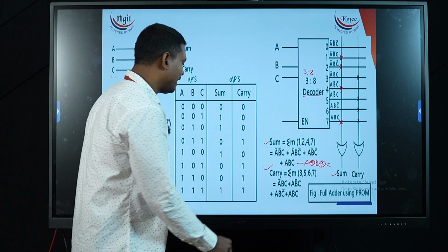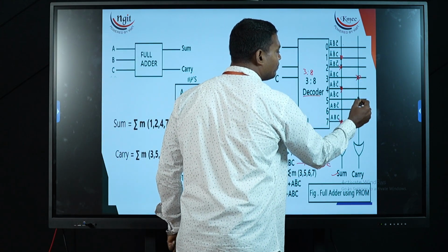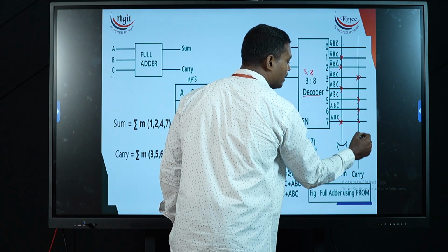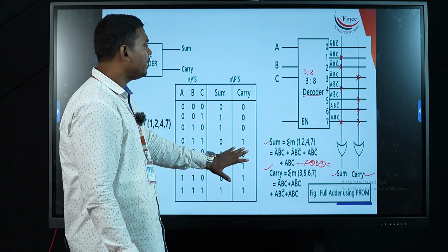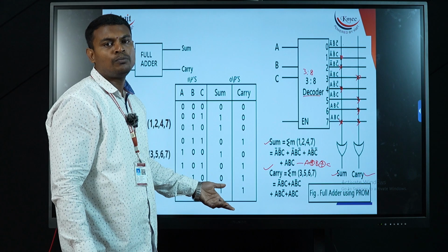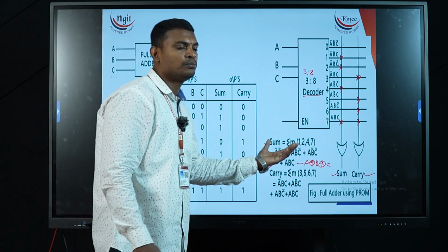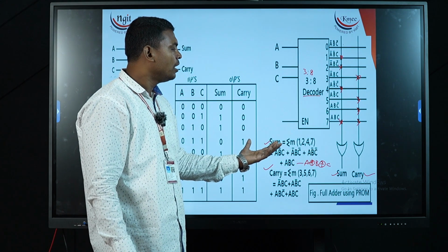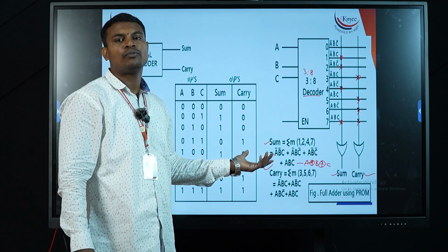Next, for carry the values are 3, 5, 6, 7, so I am marking 3, 5, 6 and 7, and I got my carry. This is how you implement the PROM concept: programming a ROM to implement a full adder using the PROM structure.